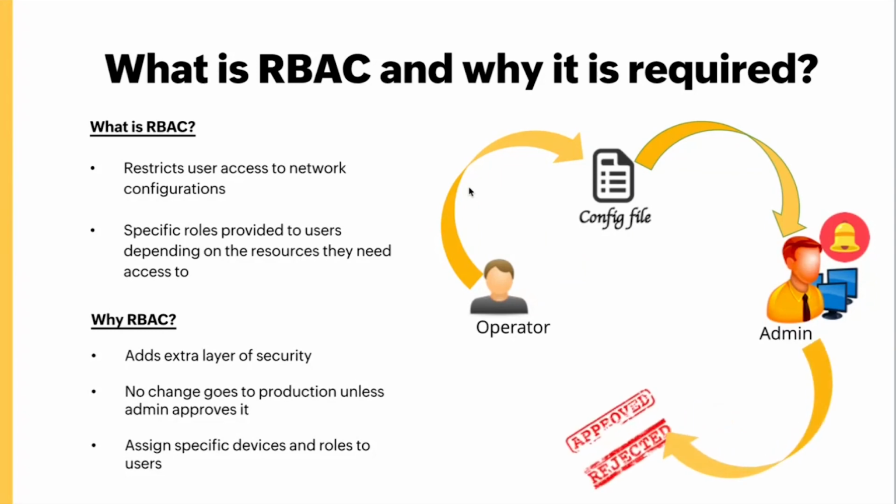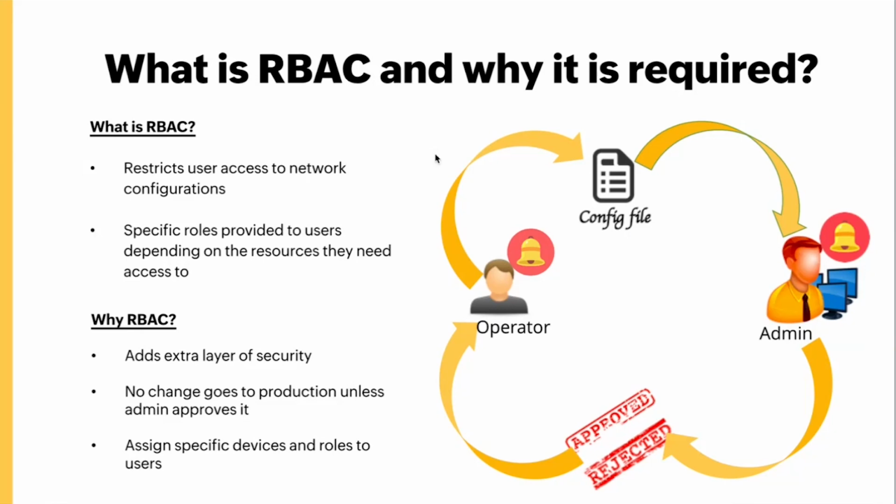The admin can choose to approve or reject the change. After an admin approves or rejects the change, it will be sent as a notification to the operator who made the change. So you can check whether the change made was approved or rejected. So this is the cycle of role-based access control.